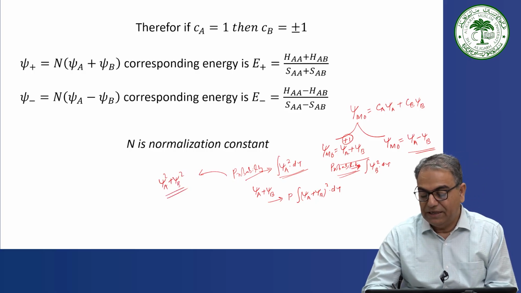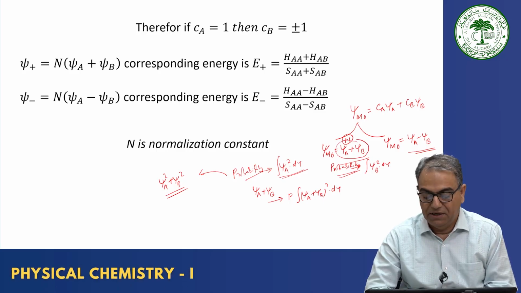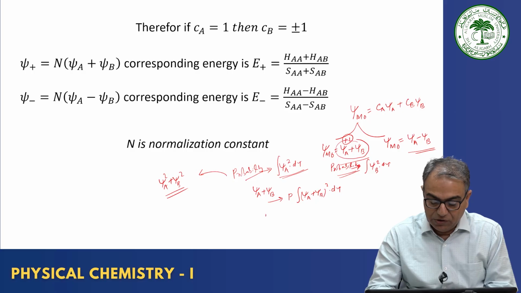But if you have, after linear combination of atomic orbitals, the eigenfunction which you have obtained is psi A plus psi B, and if you square this one, what do you get? You get psi A square plus psi B square plus 2 psi A psi B. So what does it mean?